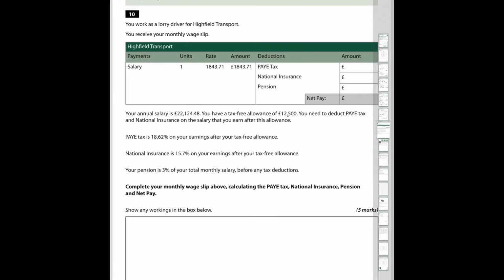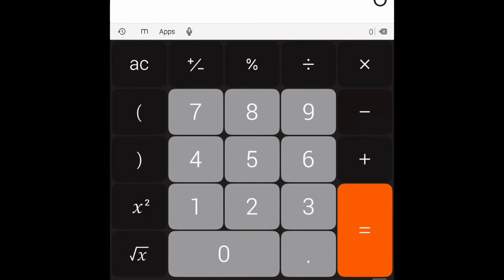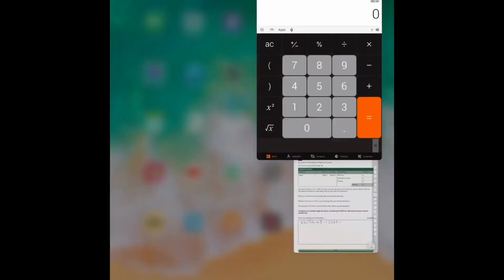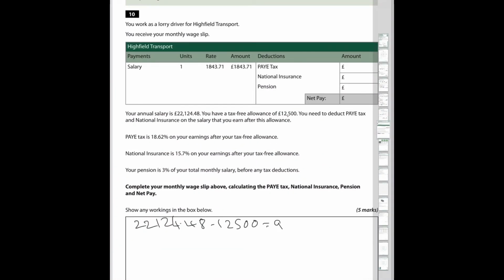So we've got to take off from 22,124.48 the 12,500. £22,124.48 minus 12,500 is 9,624.48.